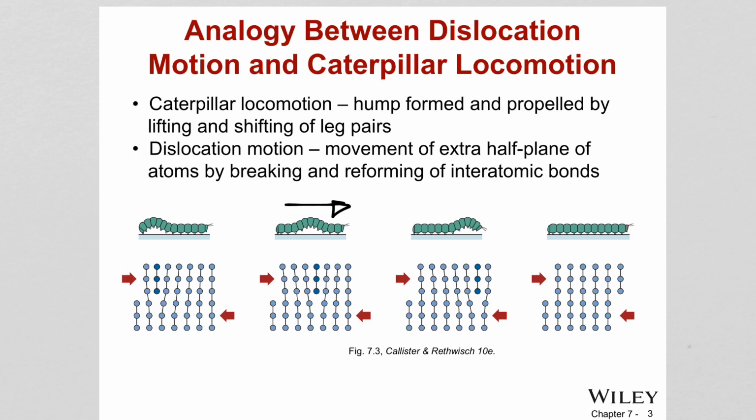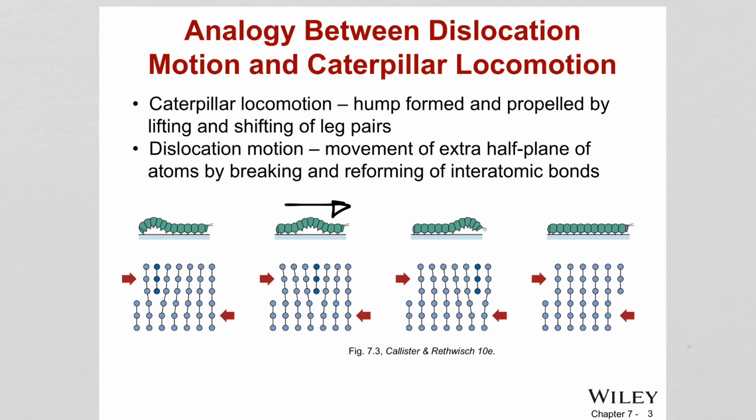So you can understand that the caterpillar here doesn't move by lifting all its legs, right? Because that would require a lot of energy. It is just moving the legs step by step and pushing the hump forward. And this is an analogy given to us to understand the dislocation motion.